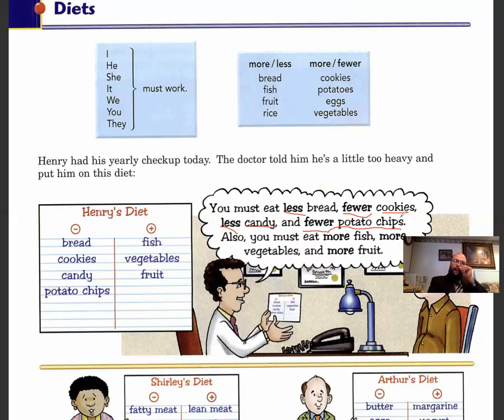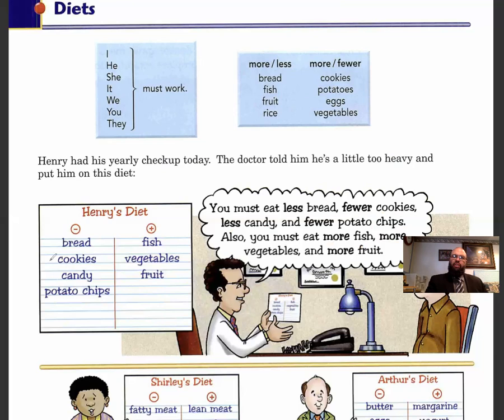Okay, and you must also eat more fish, more vegetables, more fruit. That's what the doctor says.